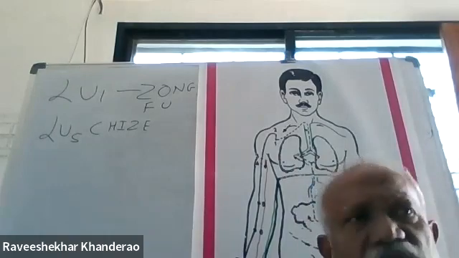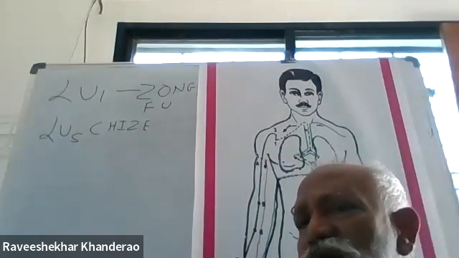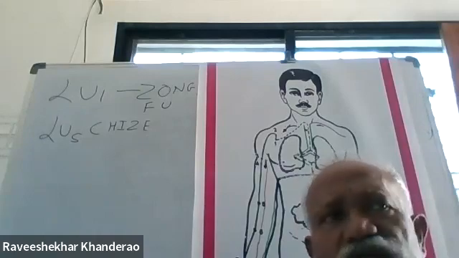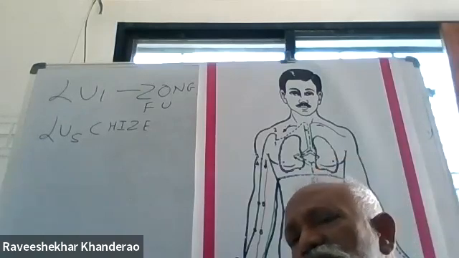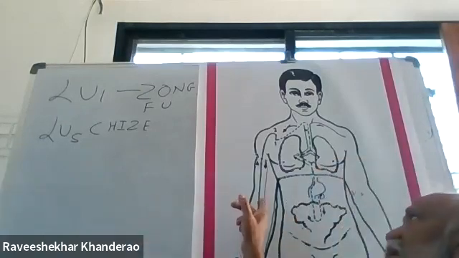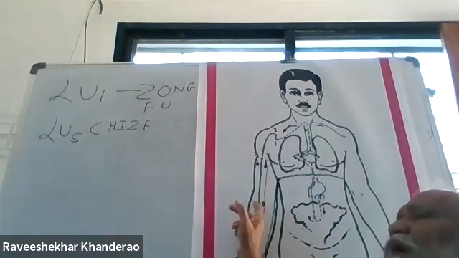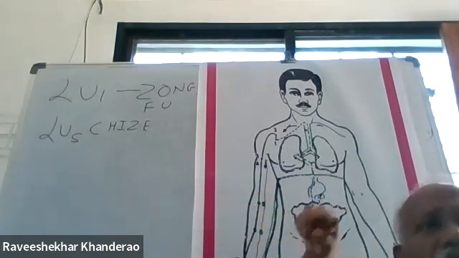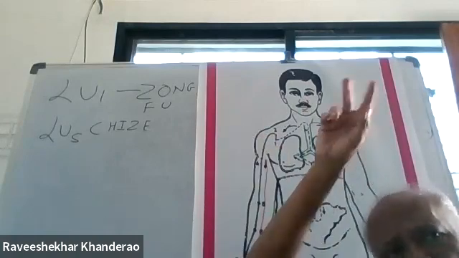In case of skin disease, what we generally do is take out blood intravenously from any vein around this point, 2 to 5 ml.